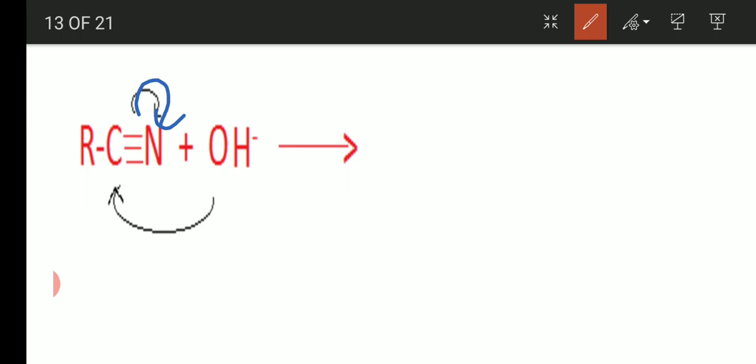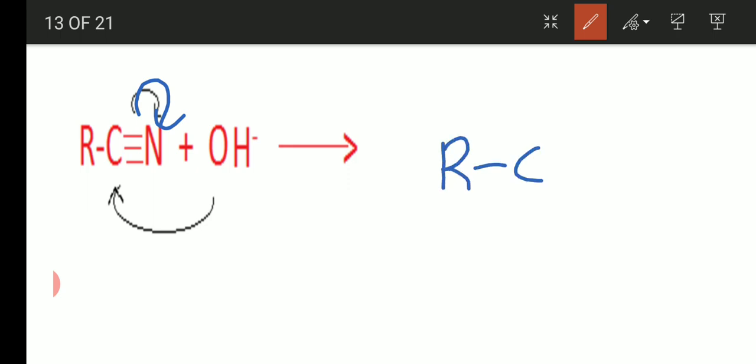That is, the tendency to attract the electron pair in the bond towards itself. Nitrogen can attract the pi electrons more than carbon. That's why the pi electrons are shifting more towards nitrogen, and a deficiency of electrons is appearing on carbon.